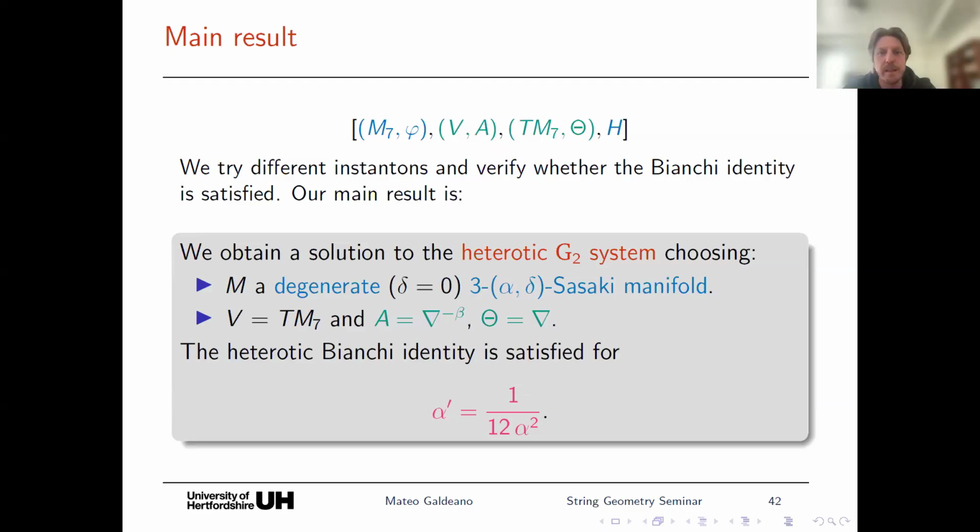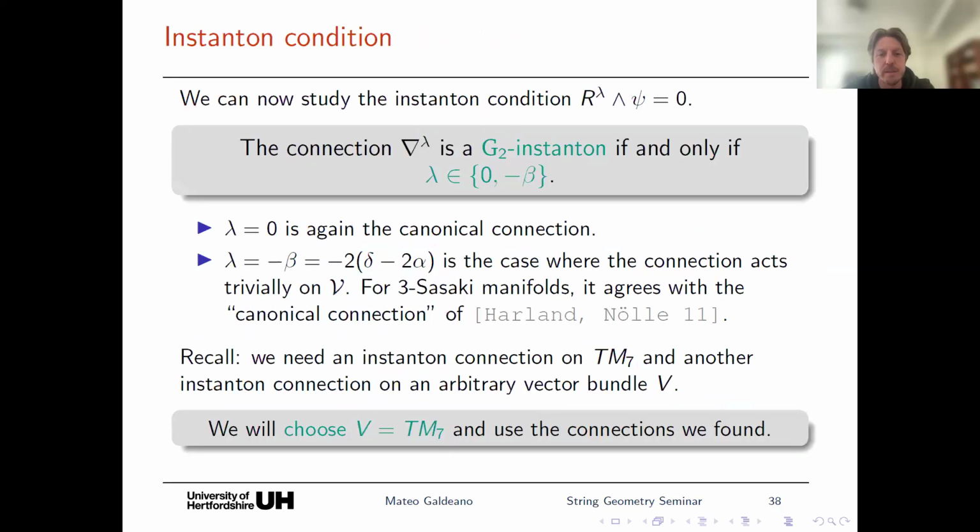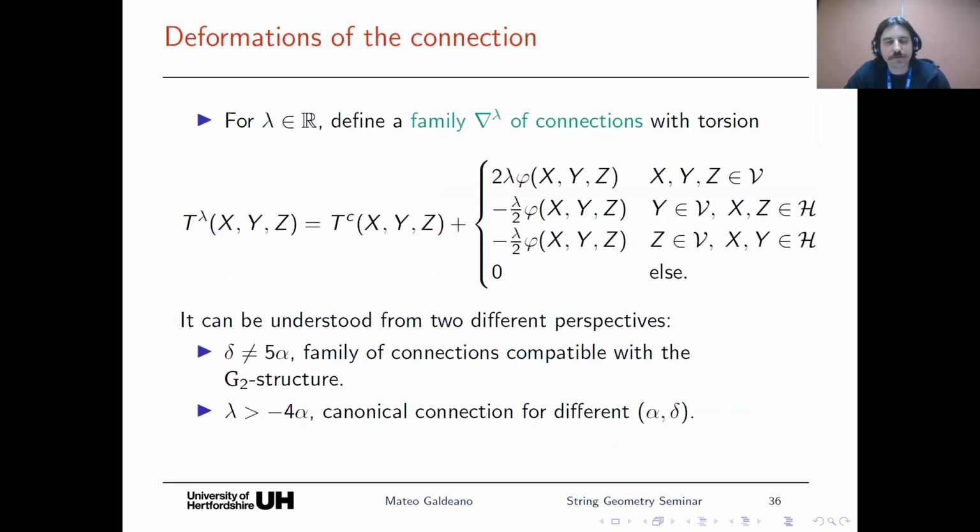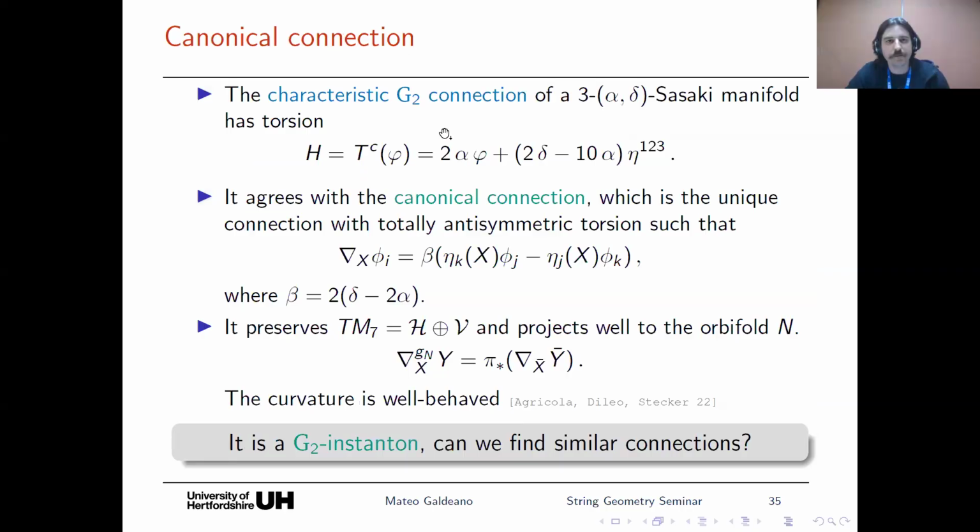I wonder, could you go back to the slide with the canonical connection for 3 alpha delta? This one? So I guess I wonder what is the distinction you're making. You're saying that a 3 alpha delta independently has some canonical connection, right?